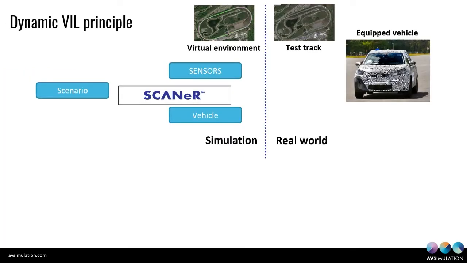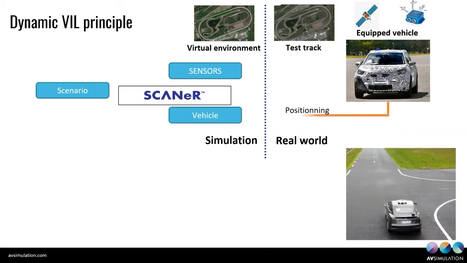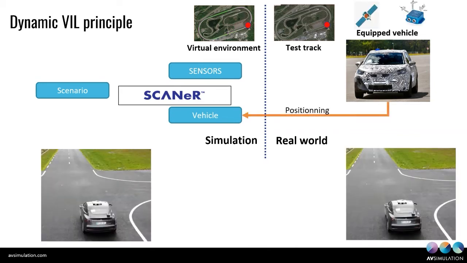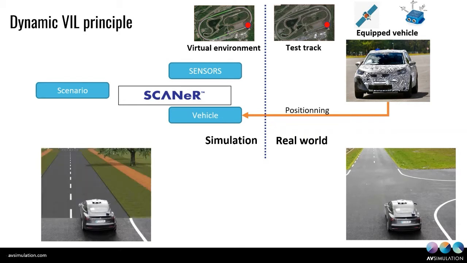sensor data. So just to explain you how it works, so you have the equipped vehicle on the test track. You have high quality positioning system, so you can have exactly the same position of the vehicle in your real environment and in your virtual environment. So vehicle are exactly at the same location.